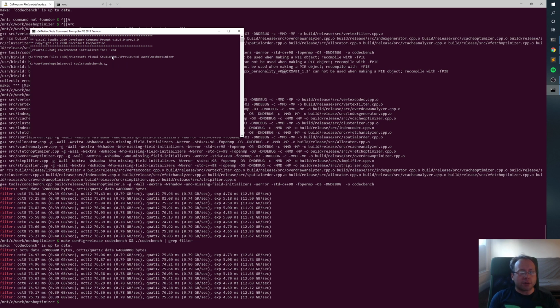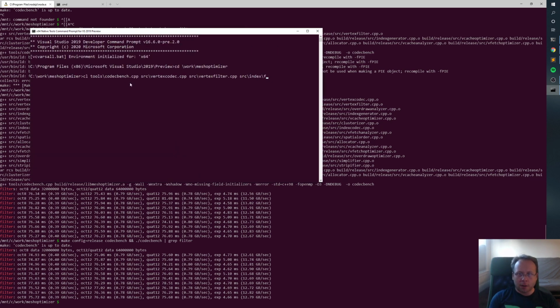Oh, this is glorious. The command completion doesn't work with this slash, I guess. Yeah, okay, great. Let me know if the fonts are too small or too big, and I will figure that out.